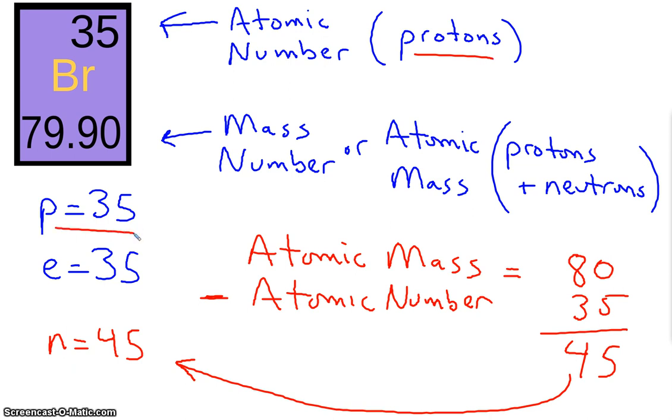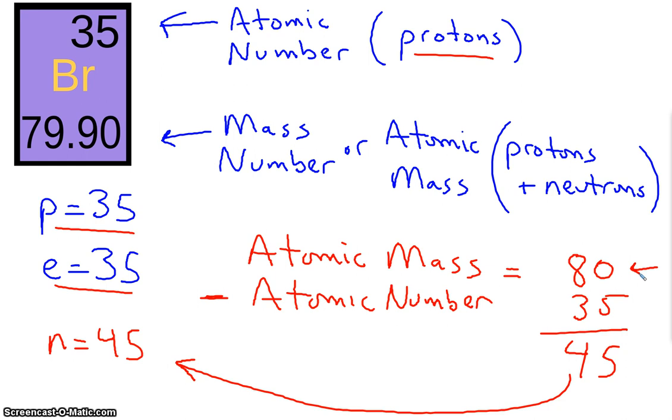And what did we say about the number of protons and electrons in a neutral atom? We said that they were the same, so the number of electrons also has to be 35. Now, if we want to find the number of neutrons, we've got to take the atomic mass, which in this case will be 80.